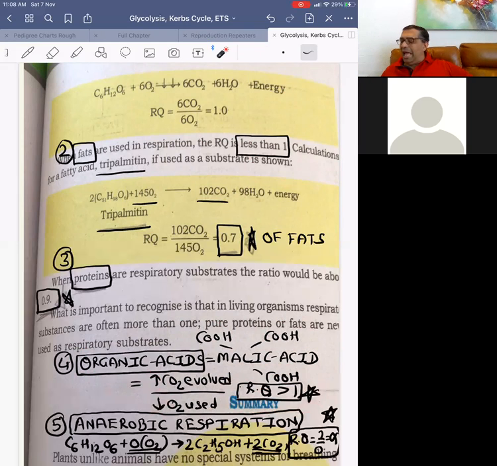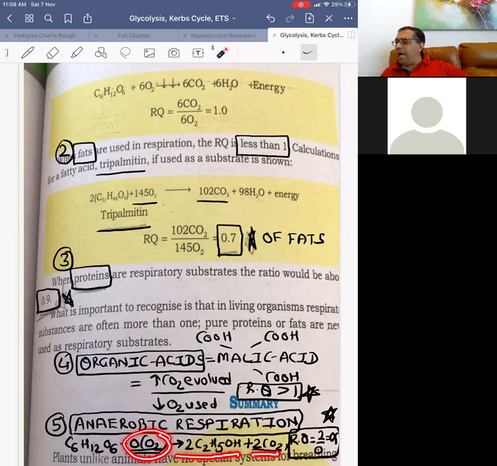What about anaerobic respiration? Sir, that's in bacteria. Anaerobic respiration, C6H12O6 plus 0 O2 used. O2 तो यूज ही नहीं होता है. Gives you 2C2H5OH plus 2CO2.